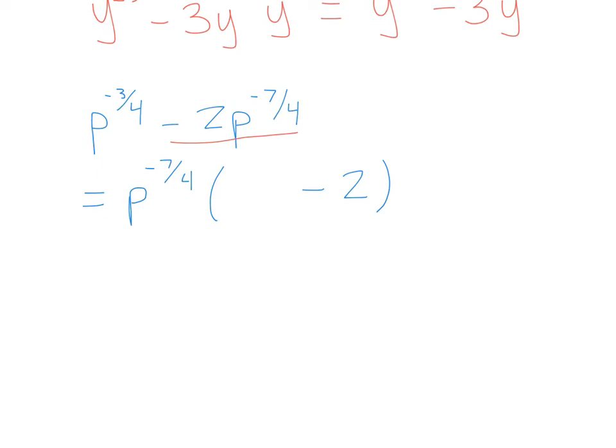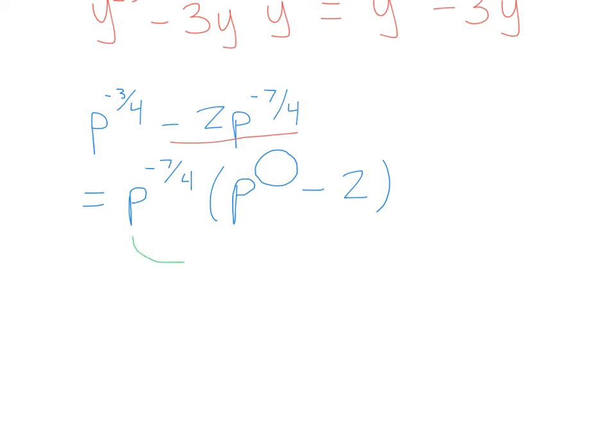The first term, we know that it's going to be a base of p, and then it's going to have some exponent. To figure out what that exponent is, we go backwards. When we do the opposite of factoring, which is multiplying, right?